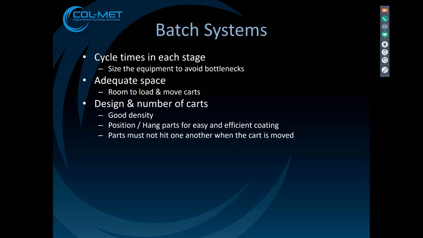We need to make sure that the parts are positioned and hung on the cart for easy and efficient coating and cleaning, because the parts will typically need to be pre-treated as well. And we need to make sure that they are hung in such an orientation that the parts don't hit one another when the cart is moved from process to process.